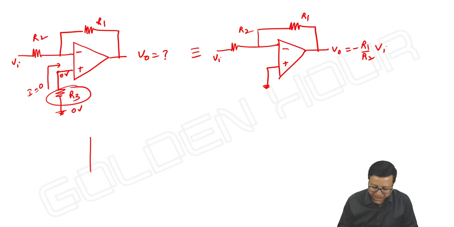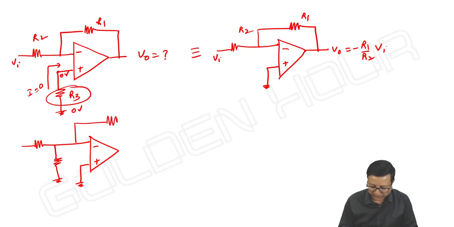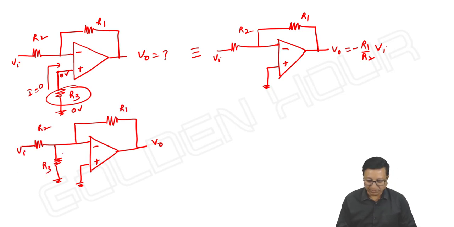Next. I have an op amp circuit like this. Find V output.